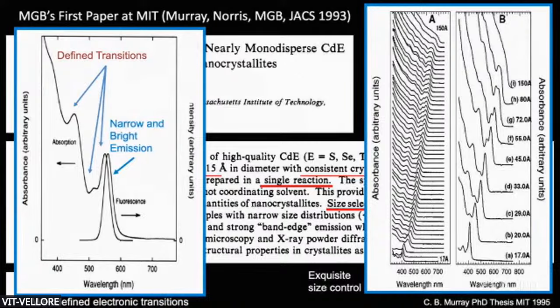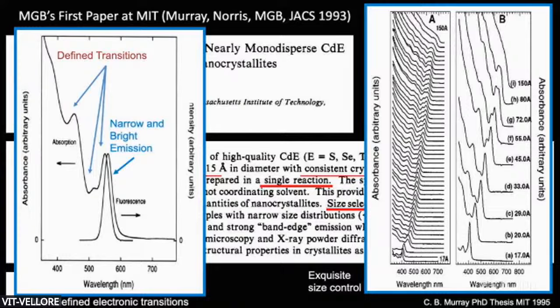Today, it's 100%, okay? And I'll tell you about that. This comes from Chris Murray's thesis. You can see, as a function of size, the position of these harmonics change, and then you can have a series of samples.